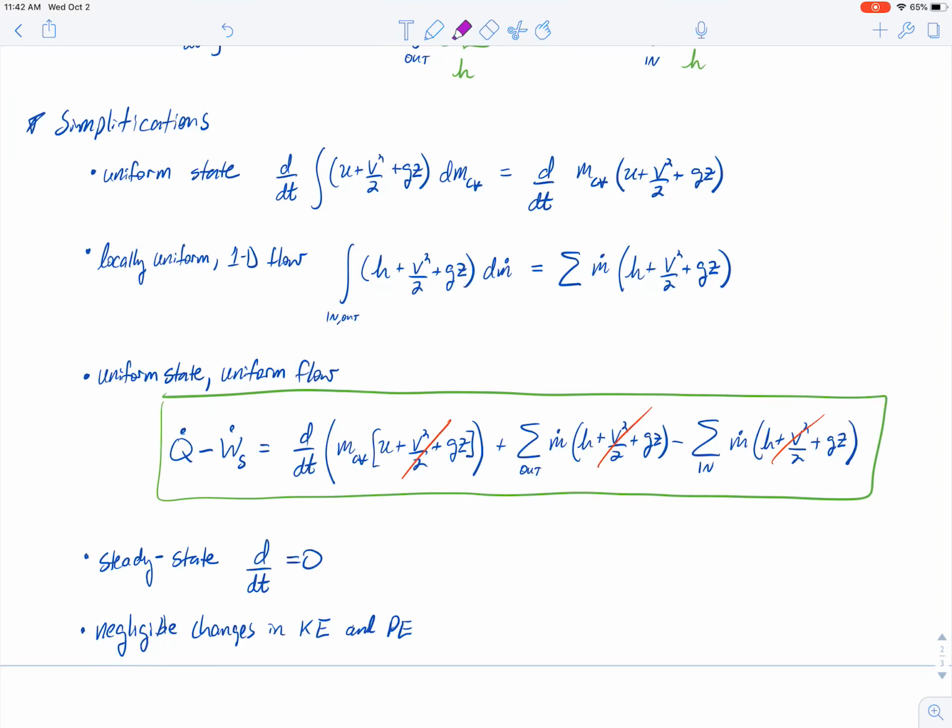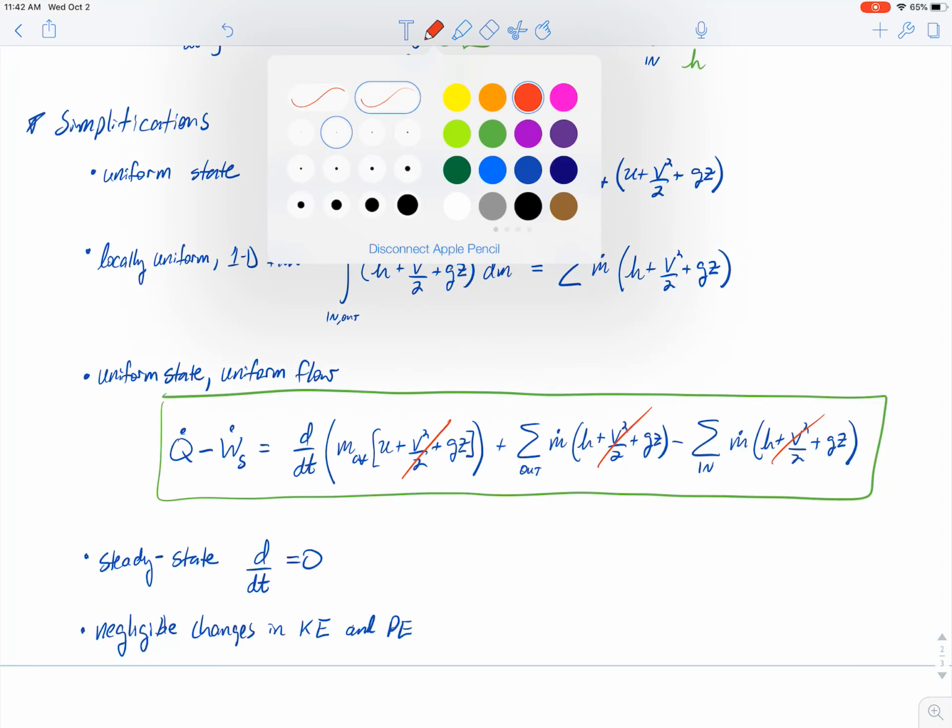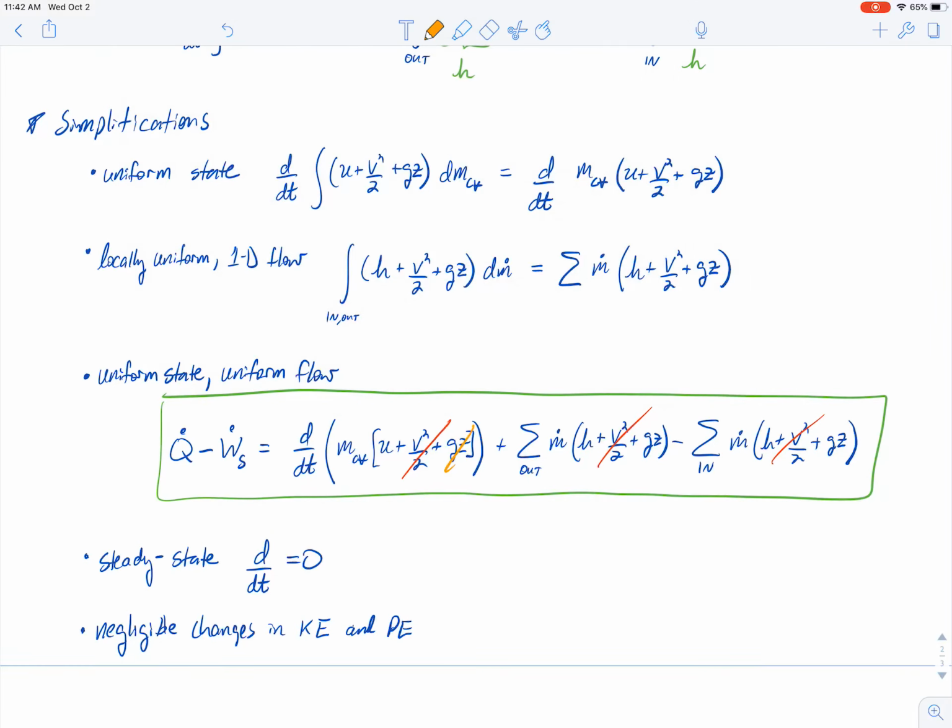Negligible changes in kinetic energy, those terms are smaller than the other terms, and they're small enough that we can neglect them, not consider them in the analysis, because they're not changing as much as other things. And again, that would depend upon the nature of the thermodynamic device you're looking at. And that's what we'll be doing in the next several classes.